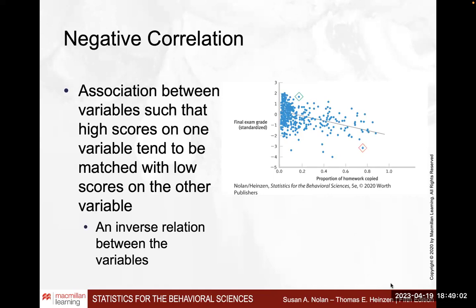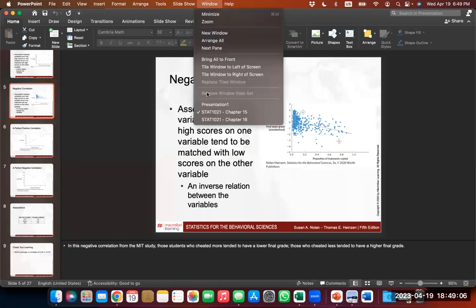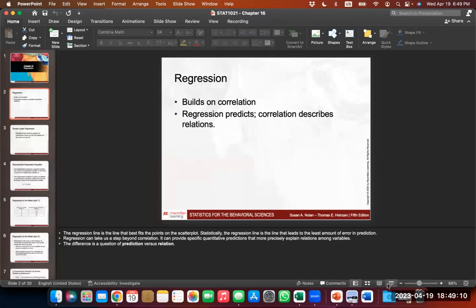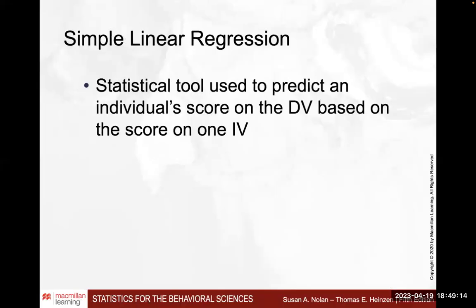So if we're aiming now to look at regression, we have with regression a tool to predict with this line of best fit, this trend line or regression function, regression line, whatever you want to call it.